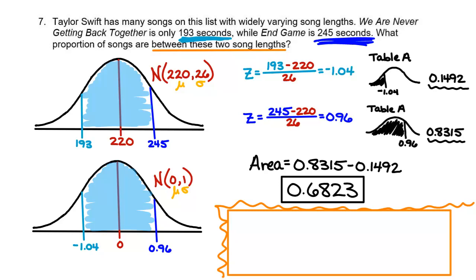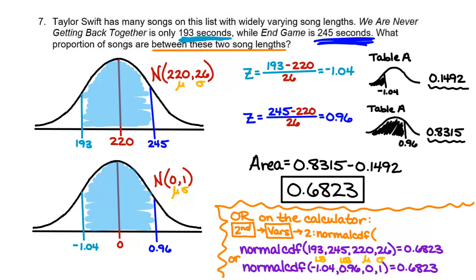What do we get? 0.6823, which was exactly the same thing that we got here. Now the calculator is slightly more precise than we are. This right here is what we typed into our calculator. You can also type it in its standardized form.